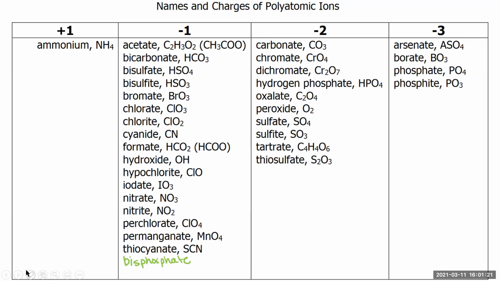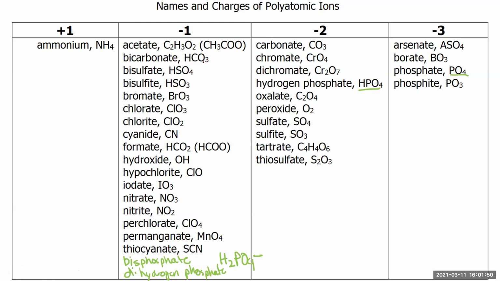So it's either bisphosphate or dihydrogen phosphate, and this one is H2PO4 minus. As you can see, it's related to this one, hydrogen phosphate, and of course, phosphate itself. Pay attention to the charges here since they didn't actually put it on there.